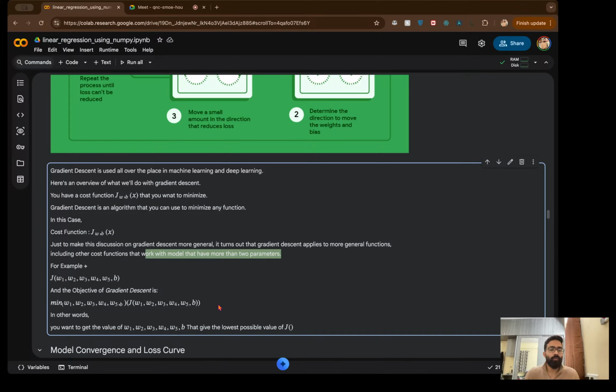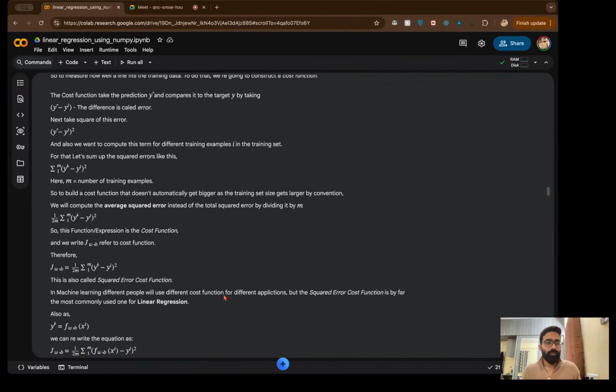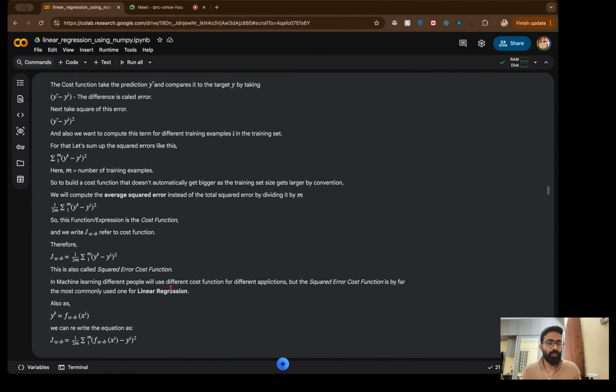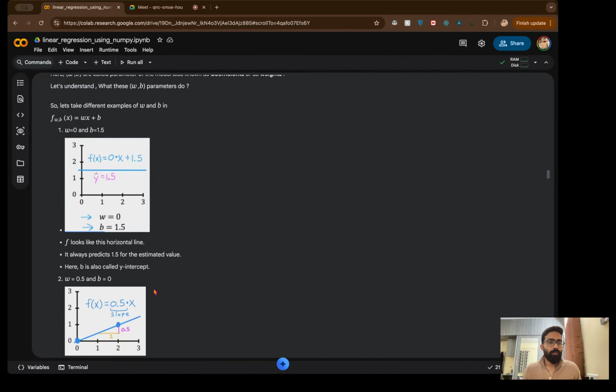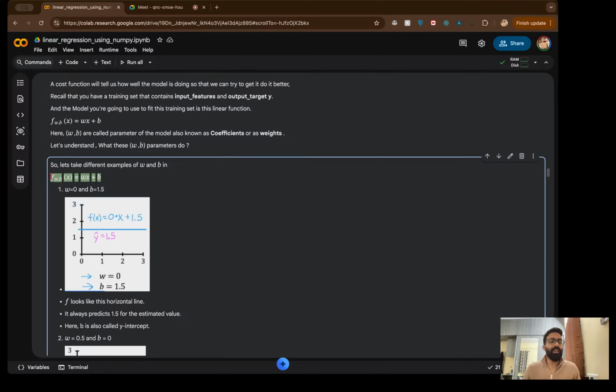Are you getting what I am trying to tell you? With multiple input features, there will be multiple w's. Let me come back to that formula again. This is our function, right? f_wb of x equals wx plus b.